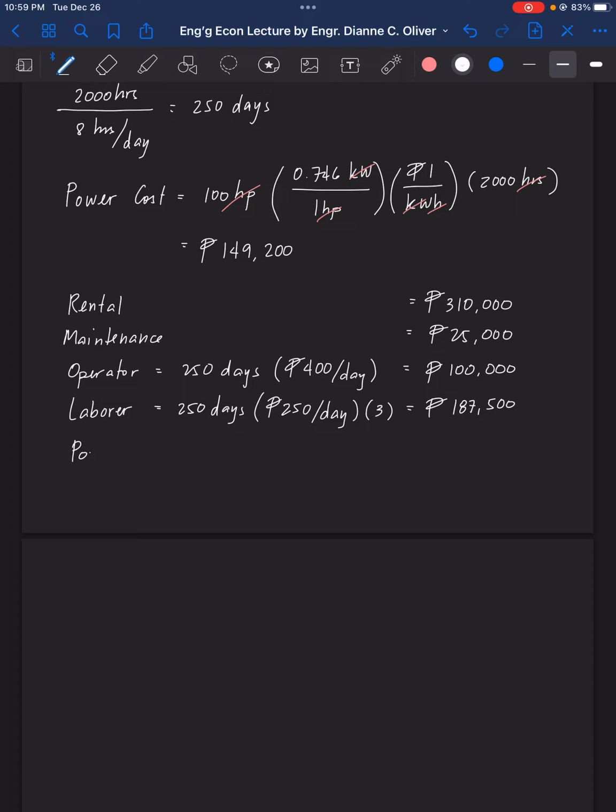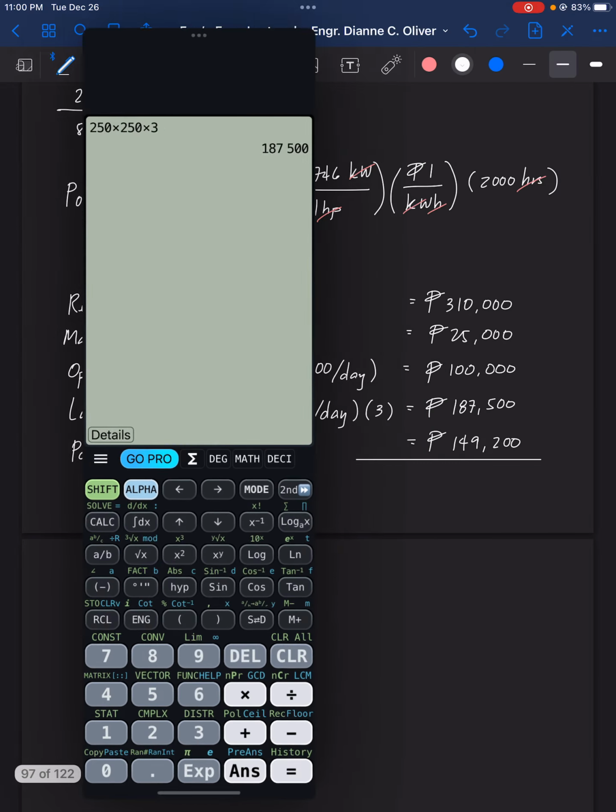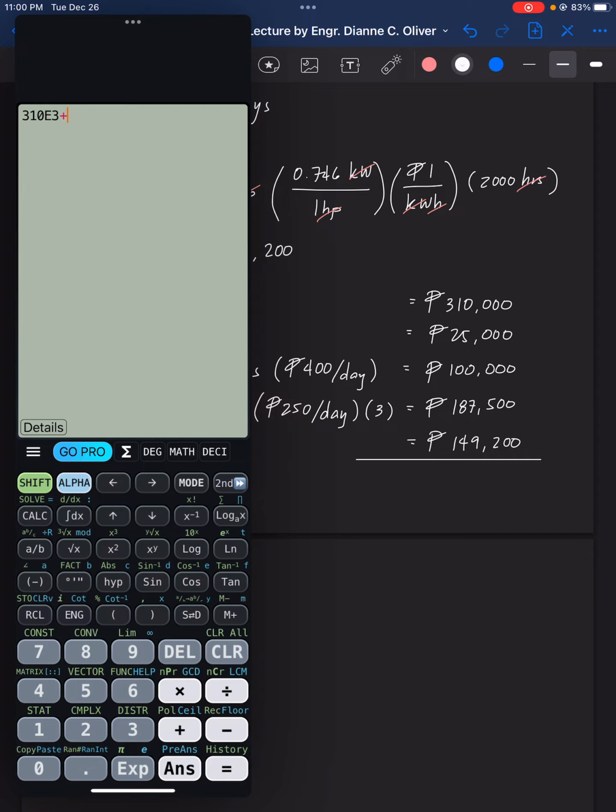Then lastly, we have the power cost, which we solved a while ago as 149,200. So the total cost for pump B is equal to 771,700 pesos.